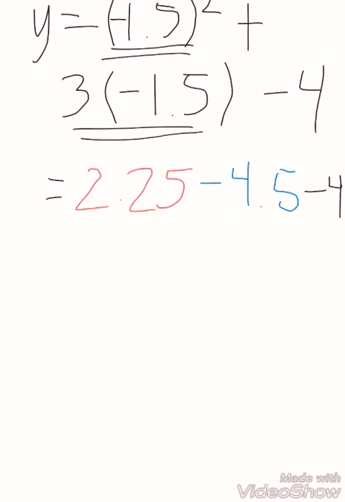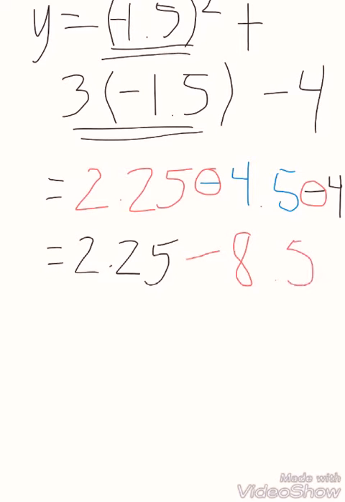So we're just going to keep 2.25, and then we're going to add the 4.5 and 4 because they both have a negative sign, so we just copy the sign. Then 4.5 plus 4 will be 8.5. After that, we subtract them.